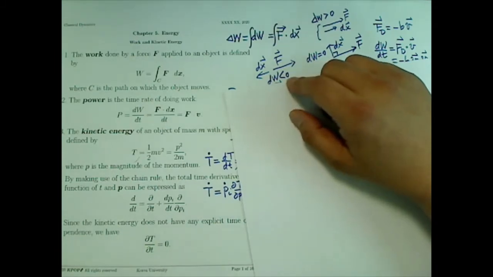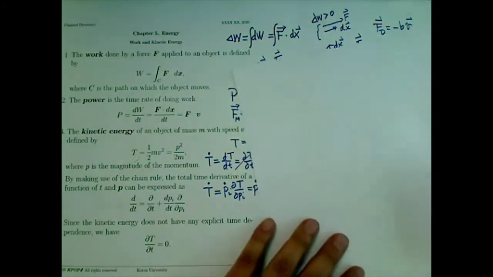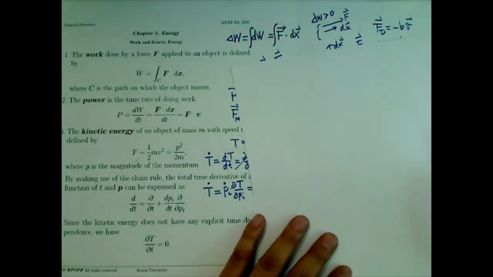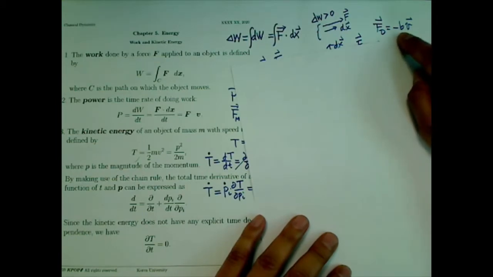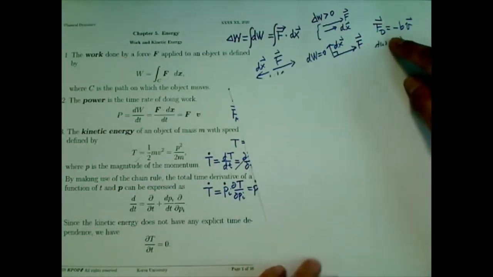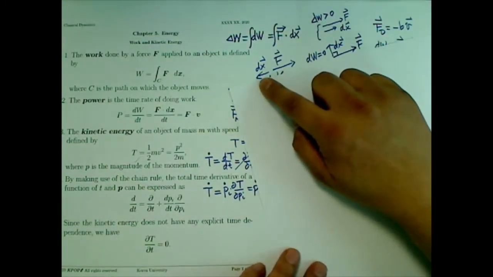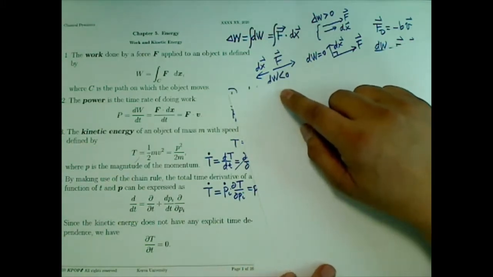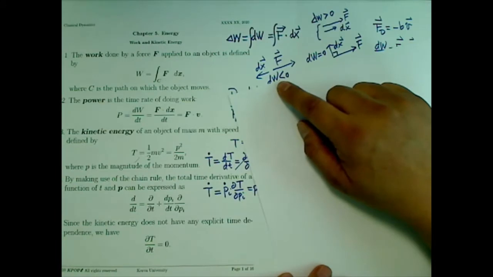For example, if we consider the damping force, it is opposite to the direction of motion, that means it's proportional to v, but it has a coefficient with negative value. So this is the case for the force opposite to the displacement. In this case, the work done by this force is always negative.